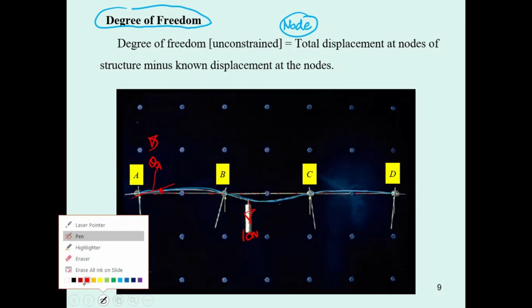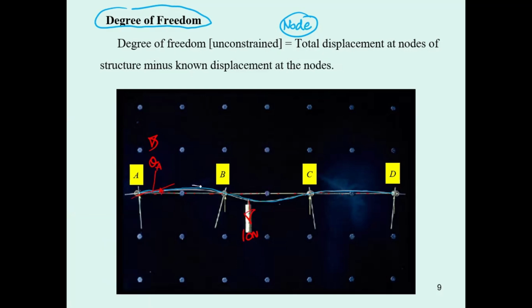For the second one, if you draw the tangential line over here, you will get the rotation in this direction, and this is going to be θ_B. This θ_B rotates in the clockwise direction. So the degree of freedom we consider is a kind of vector. It has magnitude and it also has direction.